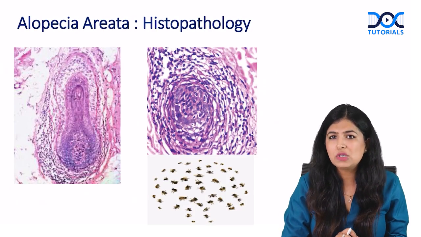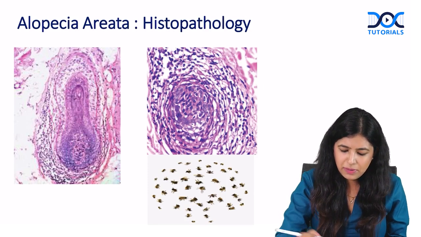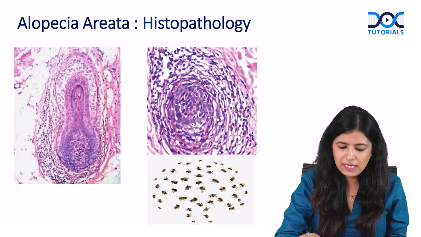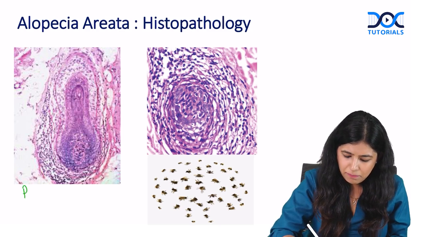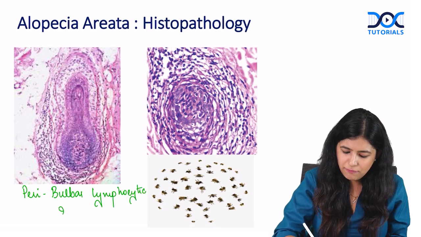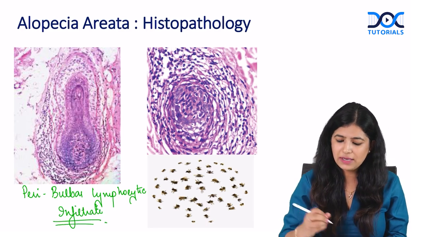Now, when the histopath is done, what do you see? Here, this is the hair bulb. Around the hair bulb, you see a lot of lymphocytic infiltrate. So you see a peribulbar lymphocytic infiltrate. A peribulbar lymphocytic infiltrate is what you see in the histopath of alopecia areata.